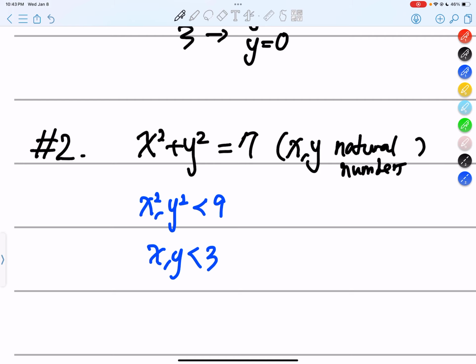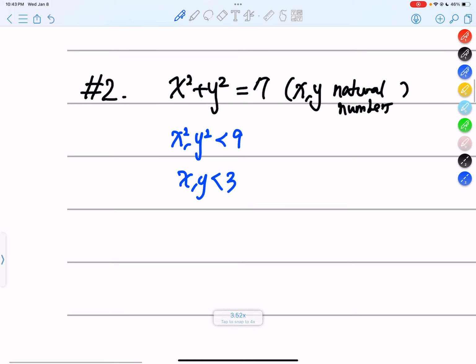Okay, I mean, that's pretty straightforward. Okay, so what can x and y be? Well, they can be 0, 1, or 2. Okay, this is making sense. So now if I just start with x and then I go 0, 1, 2, what can I have for y? Well, if I put 0 in there, y squared has to be 7, and that can't happen if y is a natural number, so this does not exist.